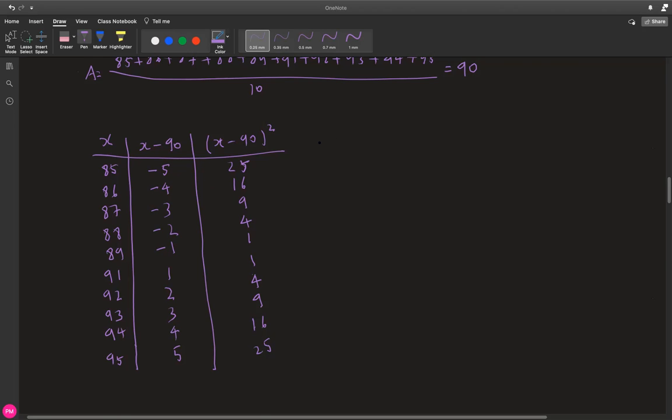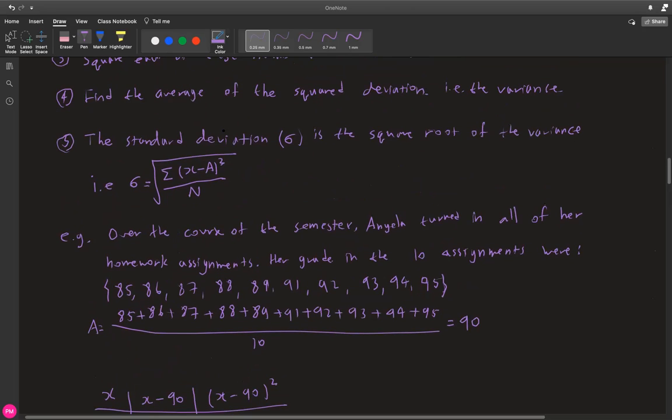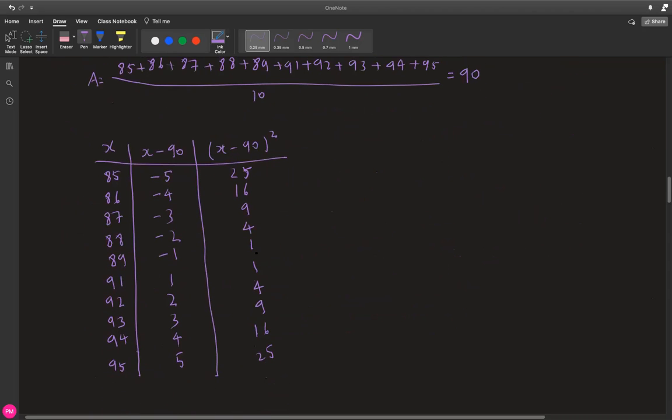The next step, the fourth step here, is to find the average of the square deviation, and that is called the variance. So to find the variance, you're simply taking all these numbers and finding the average of these. We know that there are 10.